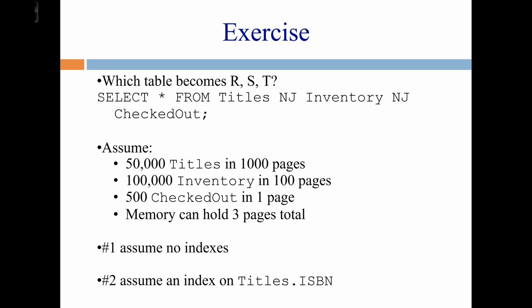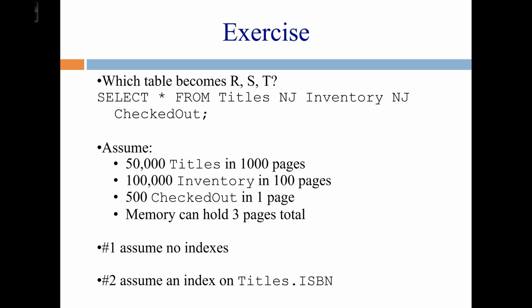And we'll make some assumptions about the size and memory. So 50,000 titles in 1,000 pages, 100,000 inventory in 100 pages, and 500 checked out in 1 page. And memory can only hold 3 pages total. So we'll be able to hold 1 page from each relation at a time. So 2 questions on this.